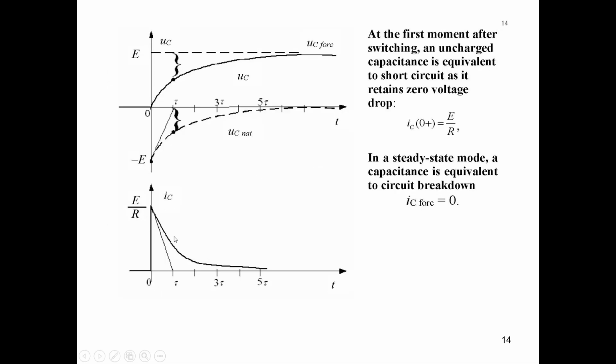So we have here a 0 level before commutation, a 0 level at t tends to infinity, and between these two states we have transient processes, and at the first moment after commutation we have a sharp change in the level of IC.